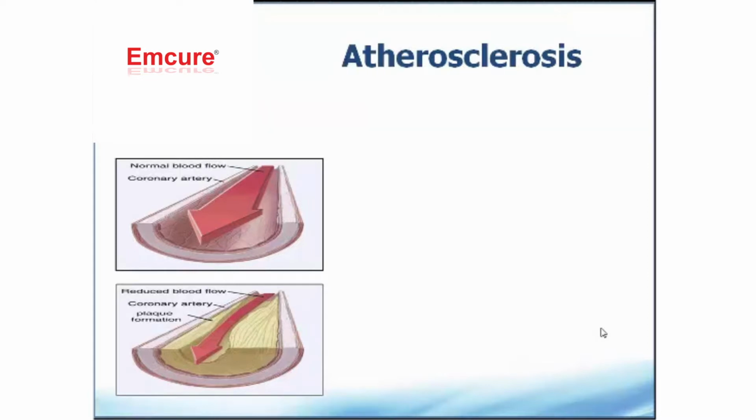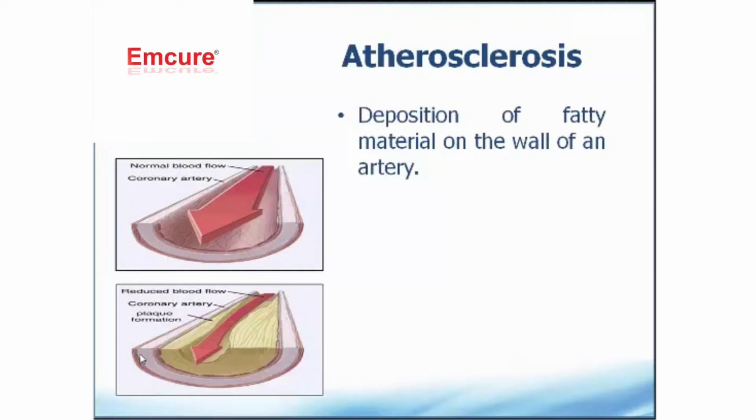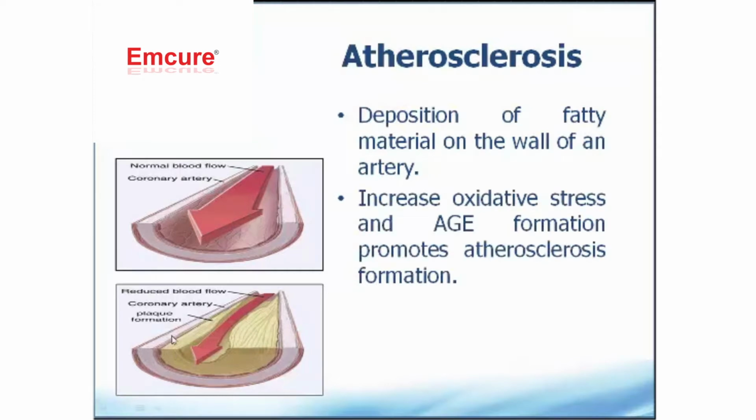Let us see what is atherosclerosis. As you can see in the first picture, this is a normal blood vessel where the lumen size is normal, whereas in a diabetic patient where the AGEs are at a higher side, it leads to a condition called atherosclerosis, wherein there is a deposition of cholesterol on the inner wall of the artery, and this deposition narrows the lumen size and interrupts the blood flow.